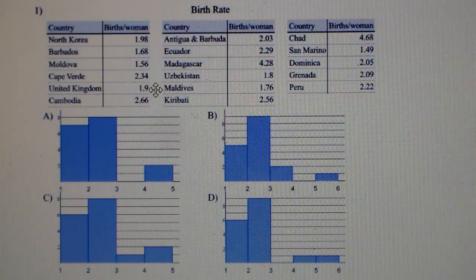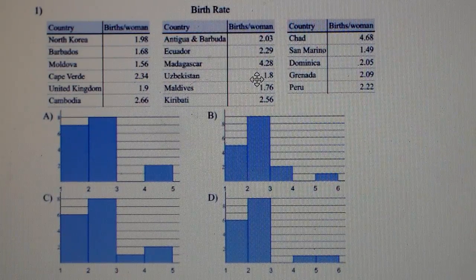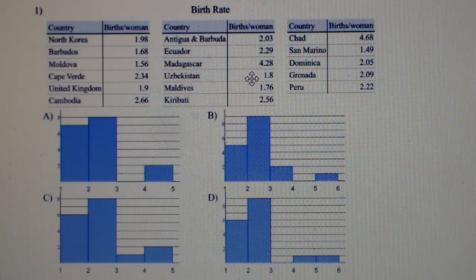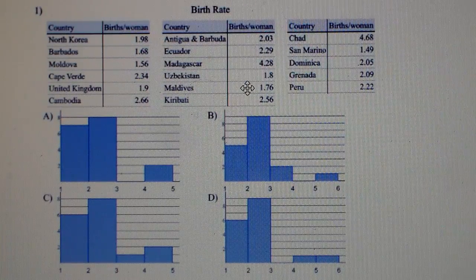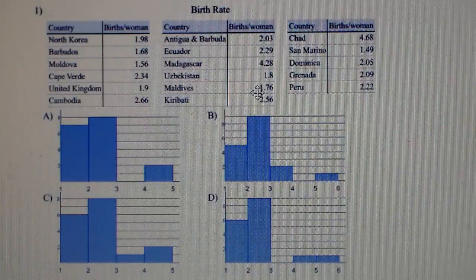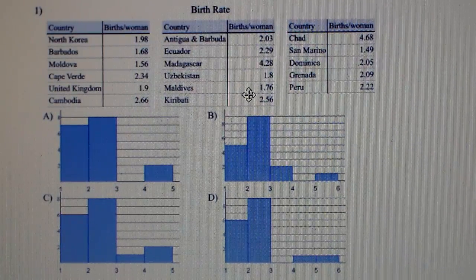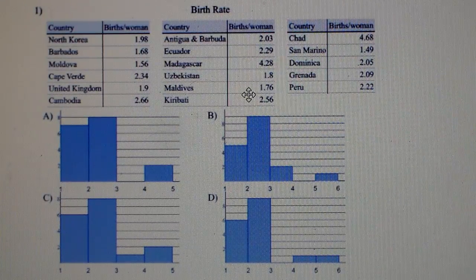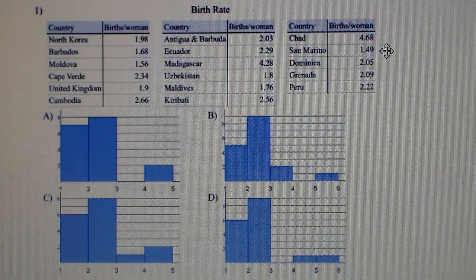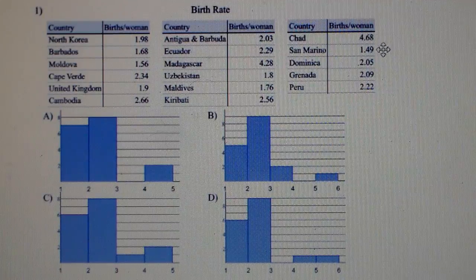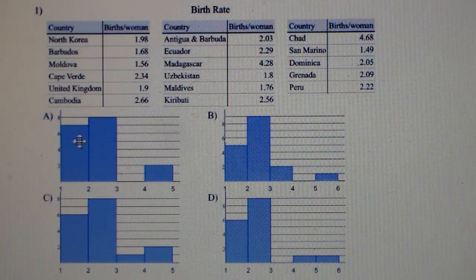United Kingdom is 1.9, so that's 4. The U is 1.8, so that's 5. Maldives is 1.76, so that's 6. San Marino is 1.49, and that's 7. So there are 7 numbers. That looks good.